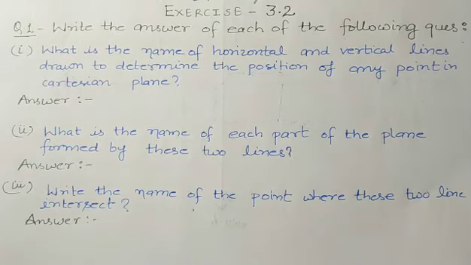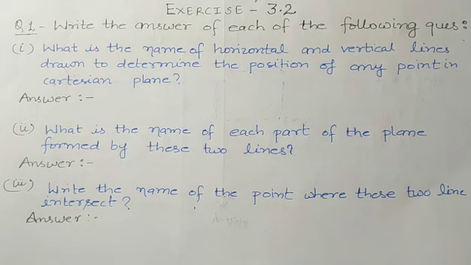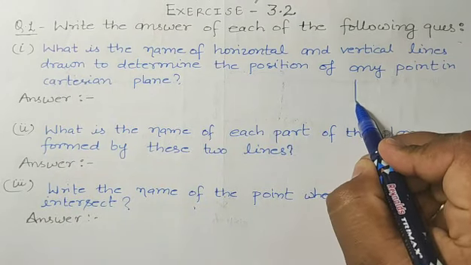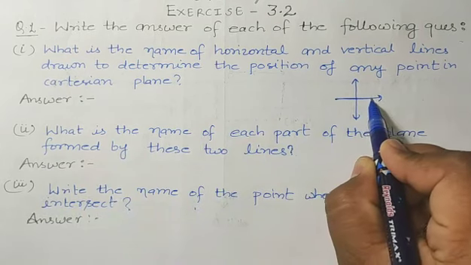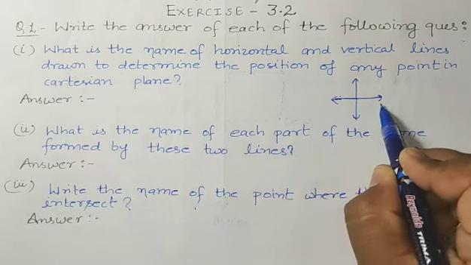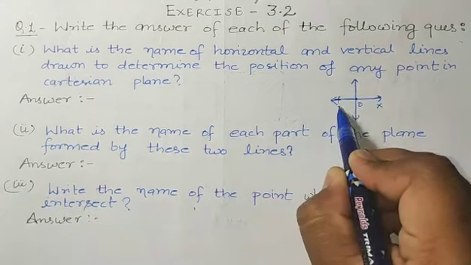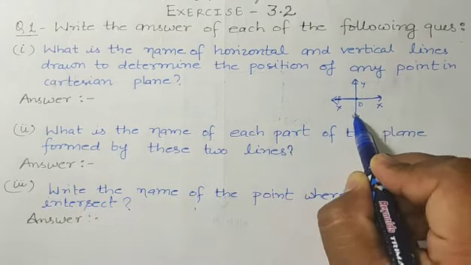The first question of exercise 3.2 is, write the answer of each of the following questions. The first part is, what is the name of horizontal and vertical lines drawn to determine the position of any point in Cartesian plane? As I have told you students, these are two fixed perpendicular lines, and these lines are known as XOX' and YOY'.